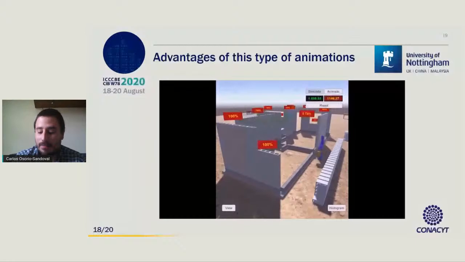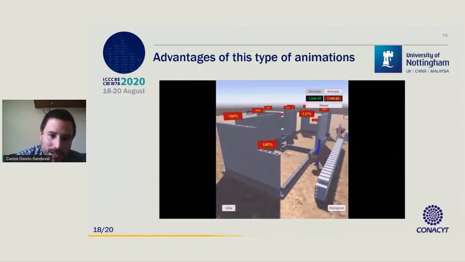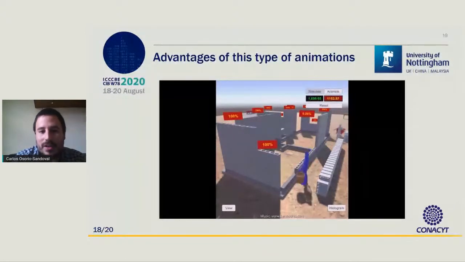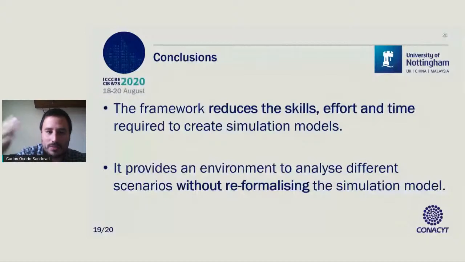In turn, it depicts the construction processes more accurately. We can see an example on the screen right now. So we can actually see how the resources change location, position, and orientation as the project progresses.